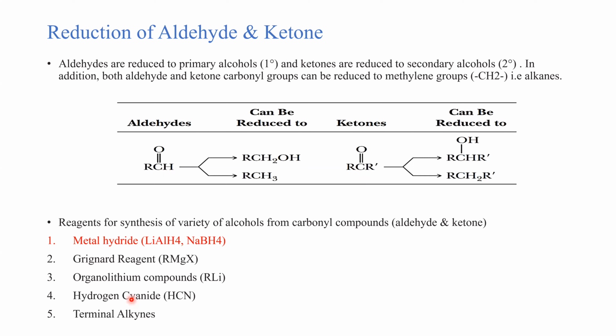We also discussed organolithium compounds, and in that case again we are getting alcohols. Then we also talked about hydrogen cyanide, and this also gives alcohols, but the unique thing is that now there will be the C triple bond N, the cyano group, also present.